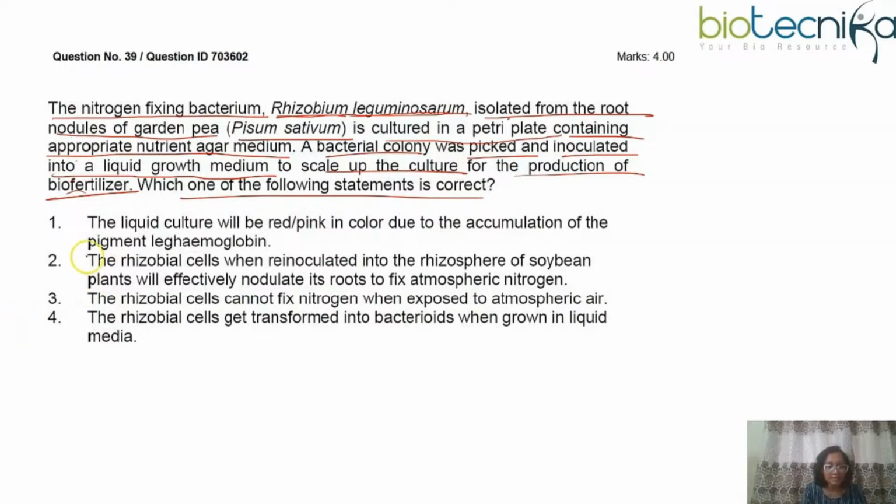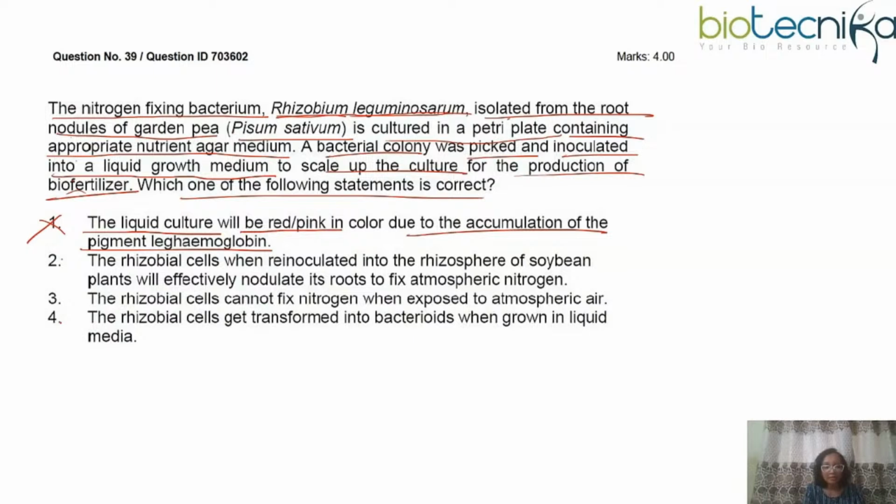Okay, the first sentence. The liquid culture will be red or pink in color due to the accumulation of the pigment leghemoglobin. This sentence is not correct. Why? Yes, the tissues of the root nodules do appear red or pink in color. That is true.